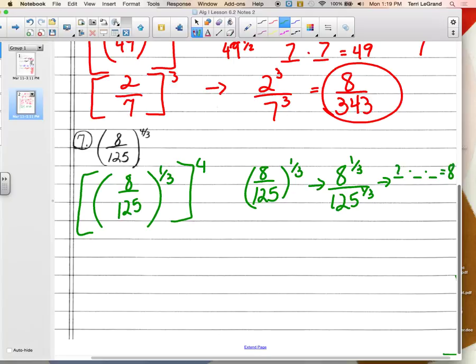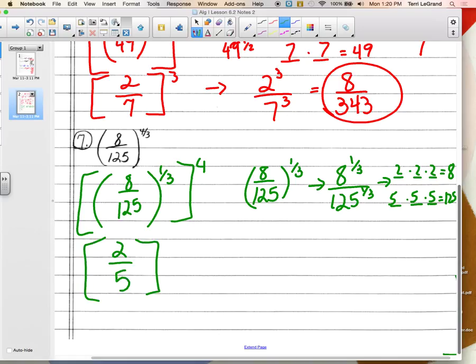And something that times itself 3 times is 125, and that's 5. So we just found out that 8 over 125 to the 1/3 power equals what? 2/5.